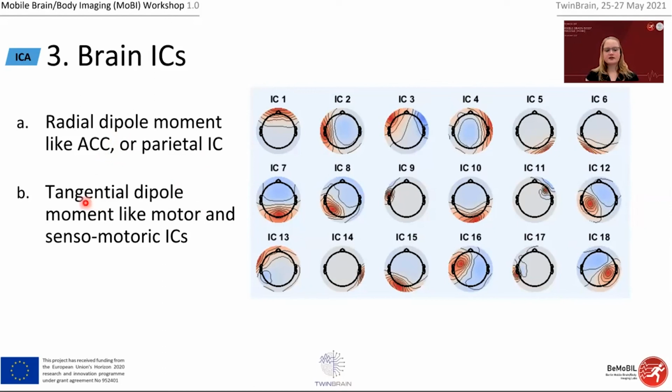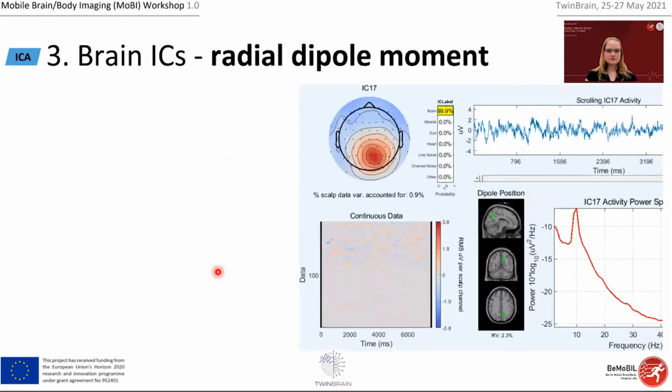Or we do have some tangential dipole moments, like the motor or sensorimotor ICs, that have more or less those diagonal orientations. This is tangential to the skull. And for the radial dipole moment, I just choose again the example that I started with when we were discussing the properties in the beginning.